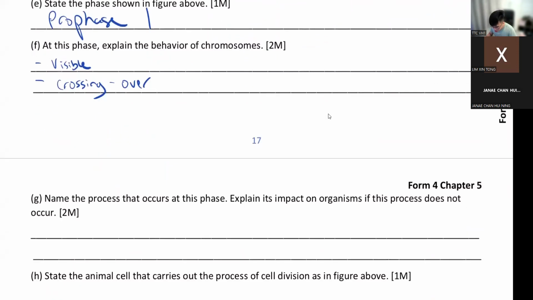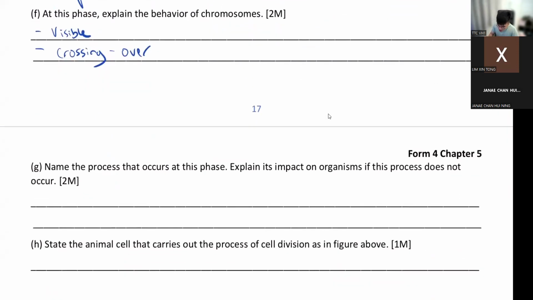All right. So name the process. This is the same question, crossing over. Explain its impact on the organism if this process does not occur. What if there's no crossing over?